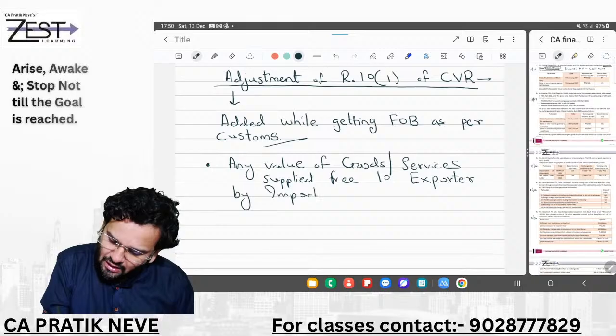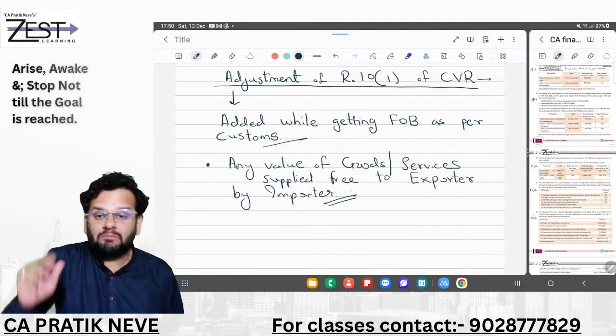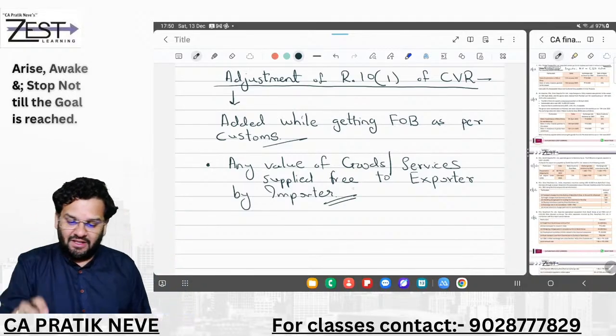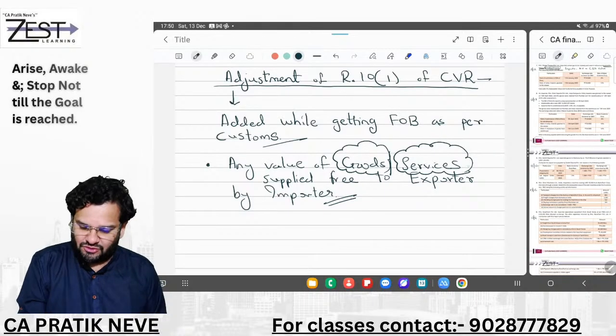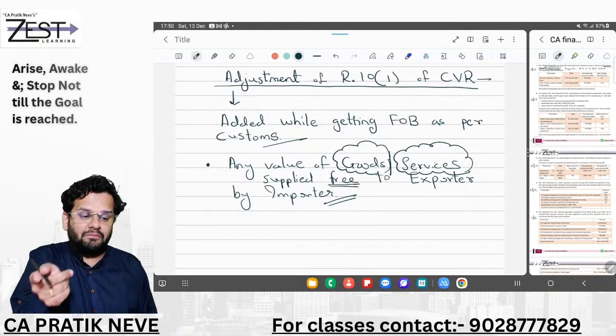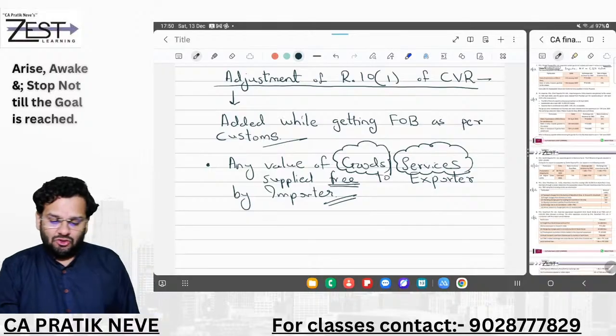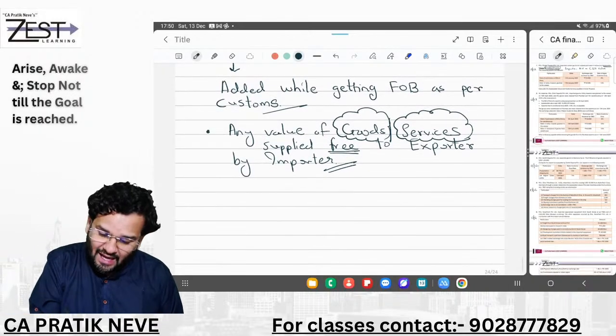So actually now importer is paying price plus he is giving these goods or services free of cost to the exporter. So price of this also will be added.